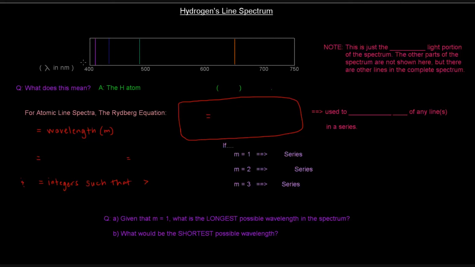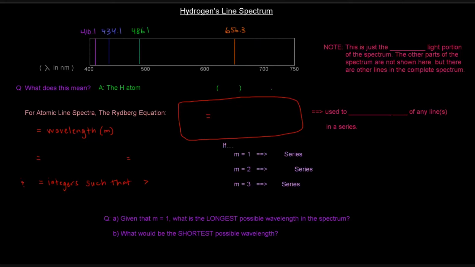So here we have hydrogen's line spectrum. We've got the wavelength in nanometers going from 400 to 750 here. So we've got violet at about 410.1 nanometers. The blue line is at 434.1. The green line is at 486.1. And the orange line over here is at 656.3.